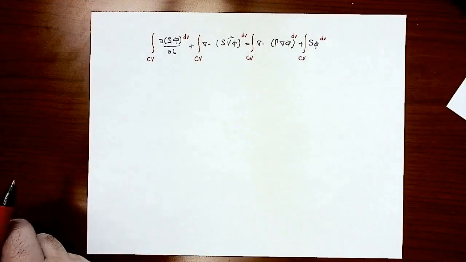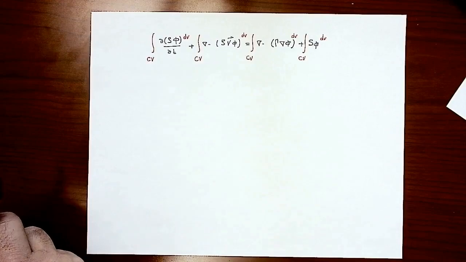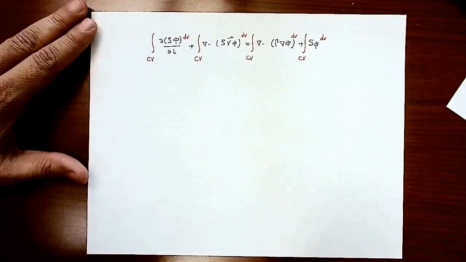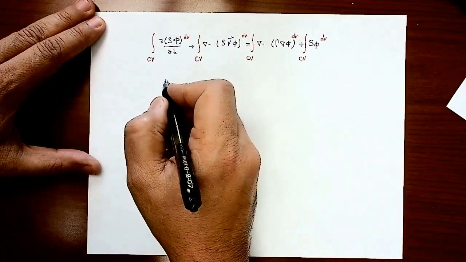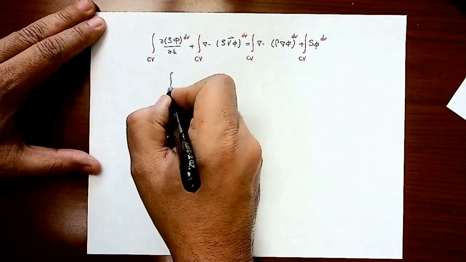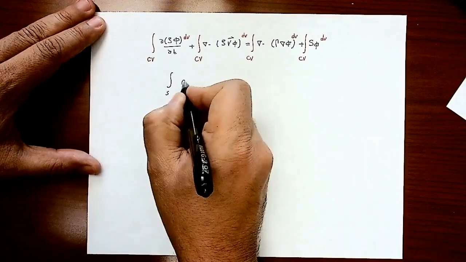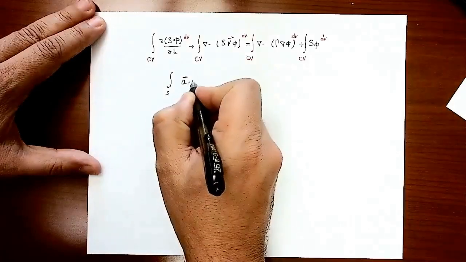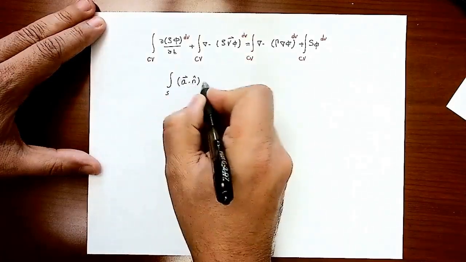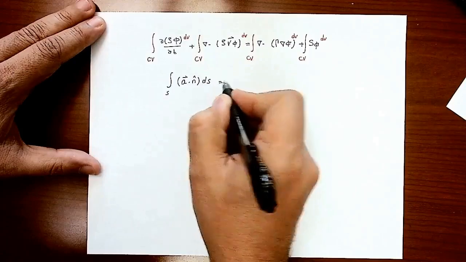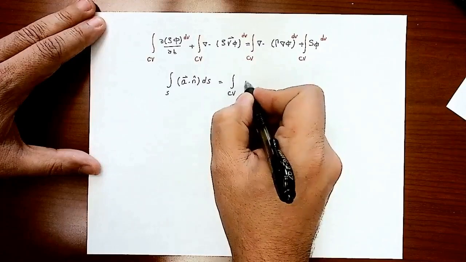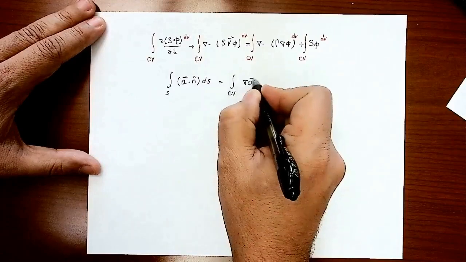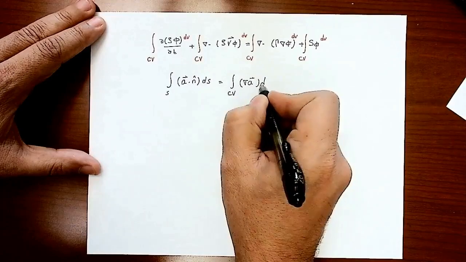Now, since we are integrating over a control volume, we have to recall the benefits of the divergence theorem, which indicates that the integration over the surface of the normal component of any vector field A over the surface of that control volume equals the integration over the volume of nabla dot A dV.